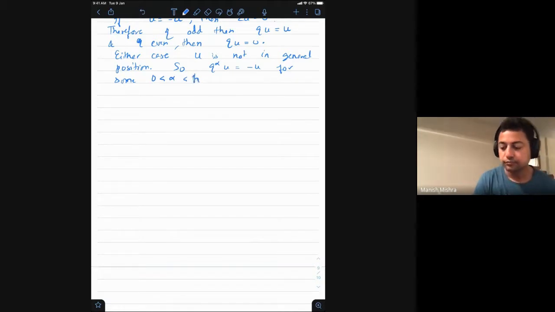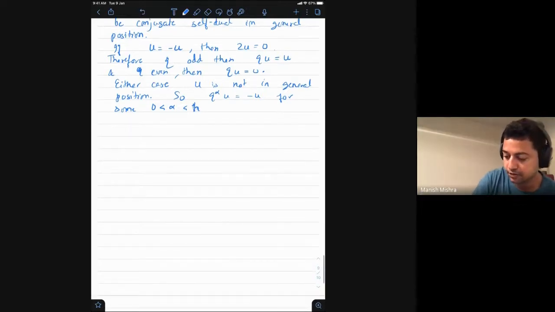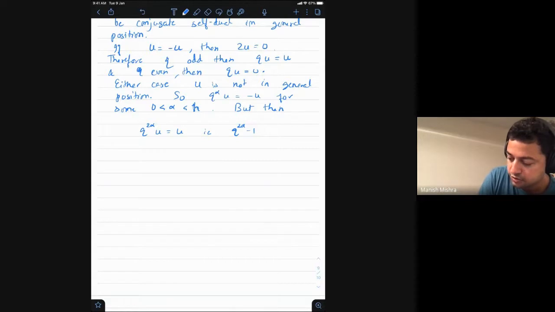Alpha cannot be 0 because we already ruled out that case. So alpha has to be between 0 and the Coxeter number. But then q to the power 2 alpha u is equal to u, that is, q to the power 2 alpha minus 1 is equal to 0.